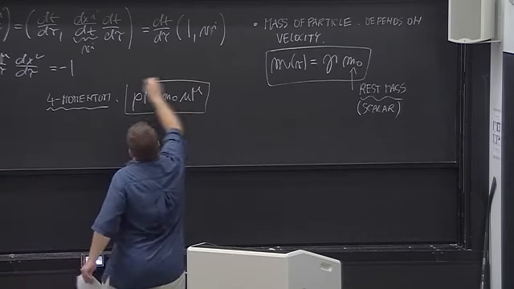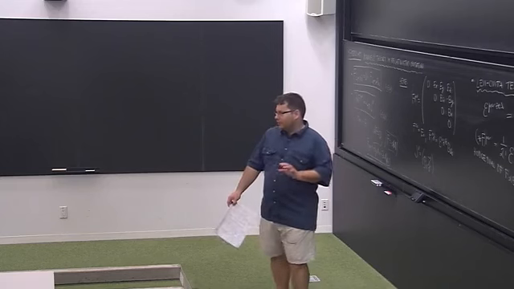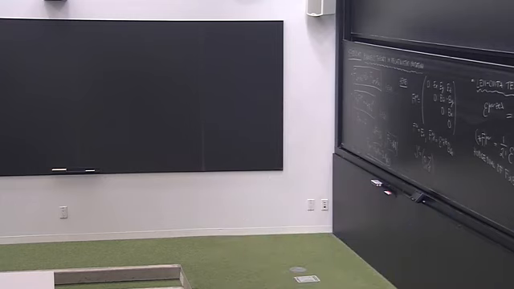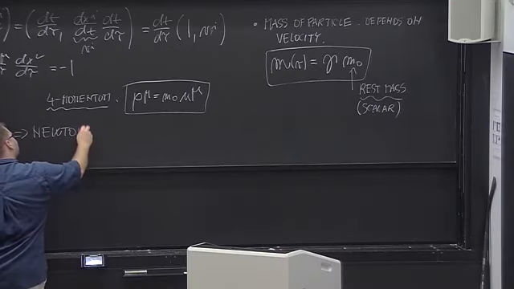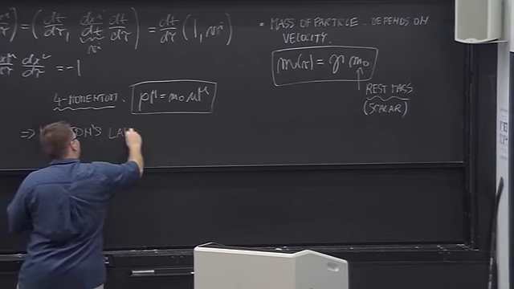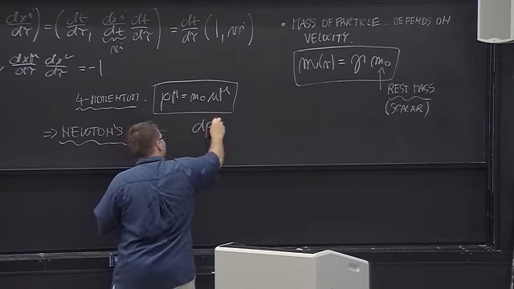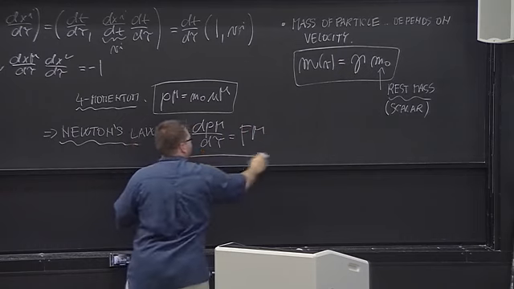Well, what do you mean by four-momentum? To formulate Newton's law, you also need the four-force, which we will just say is simply a vector which has the meaning of force in the spatial direction, but it's a Lorentz vector. And so then we have Newton's law to be dp^μ/dτ equals the corresponding force.